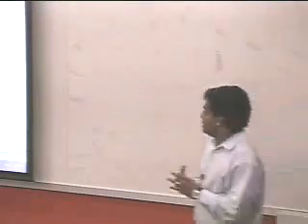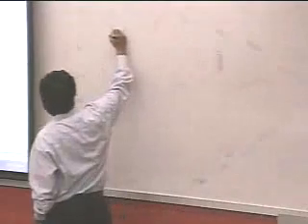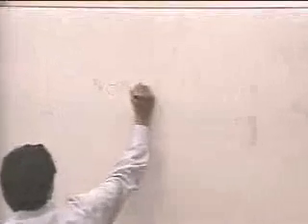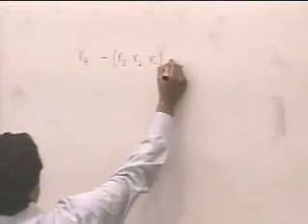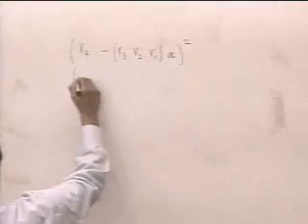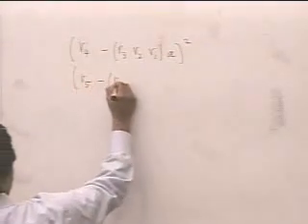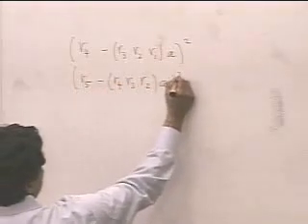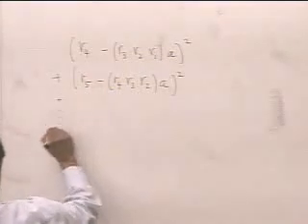If you write it out, what's happening here is that you're writing this quantity: R4 minus the row R3, R2, R1 times A, this component squared, R5 minus the row R4, R3, R2 times the vector A squared, and so on.